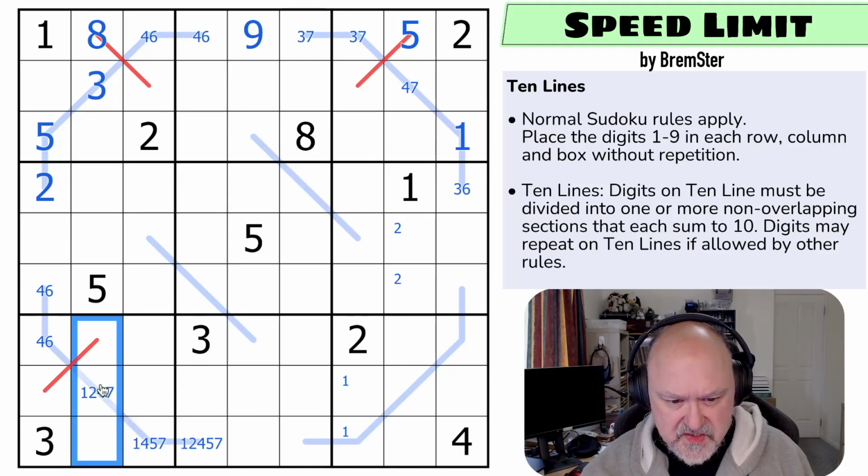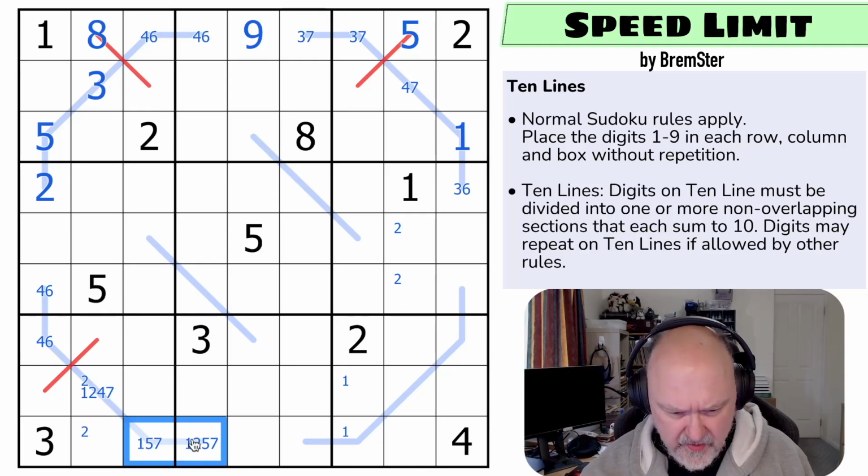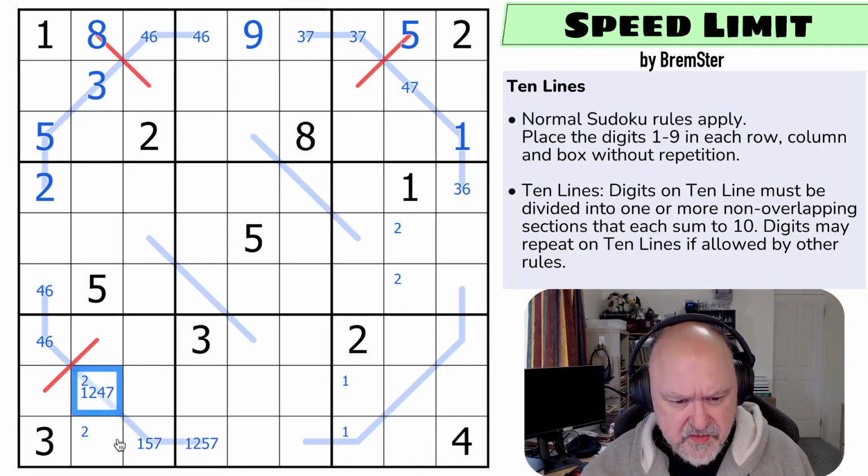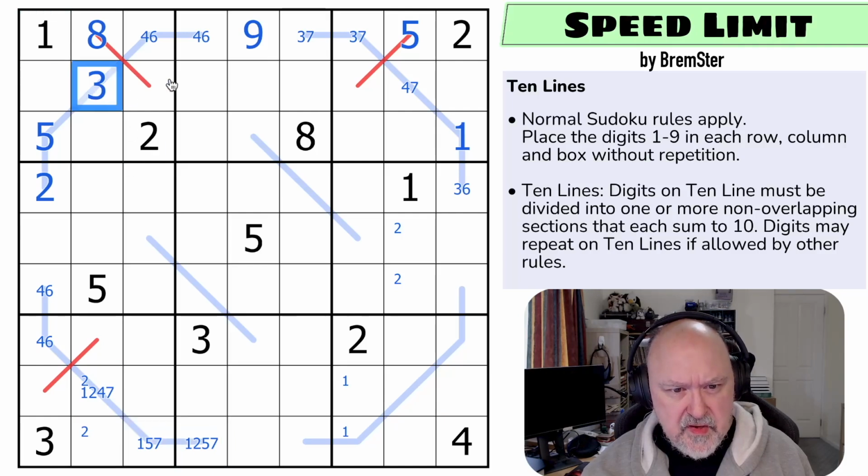In fact, 2 is in one of those two. So, yeah. There's no 4 in either of those. So, yeah, this could never have been a 5. I'm not sure how to use that. 1, 2, 3. These are 4, 6, 7, and 9.